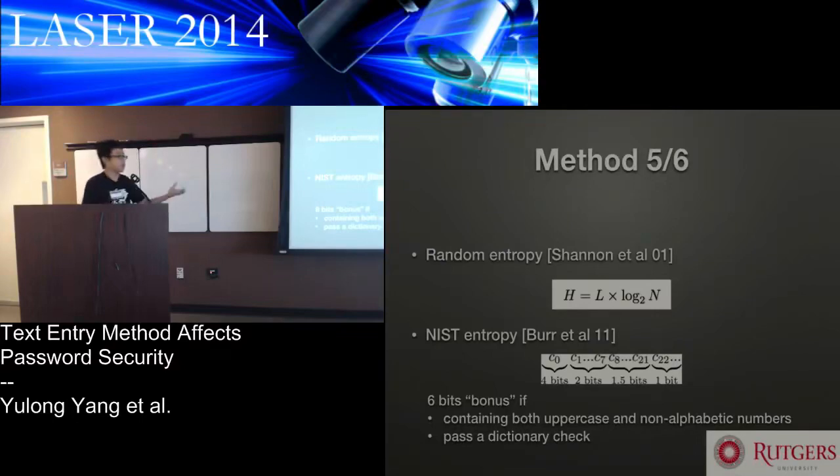It also has some bonus bits if the password contains uppercase and non-alphabetic characters, or if the password passed a dictionary check. So those are the three metrics we used to estimate the password security.